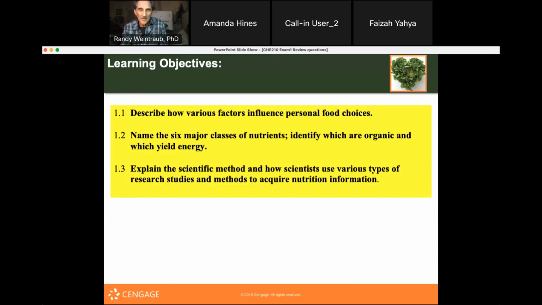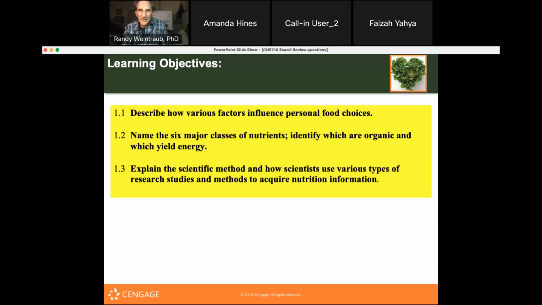So other open-ended questions could come from these objectives. For instance, here are the objectives from the first chapter: influences on personal choices. And as you were reading it, you probably thought of which of these factors are most important to your personal eating pattern choices.